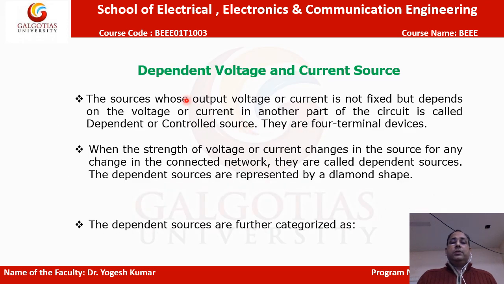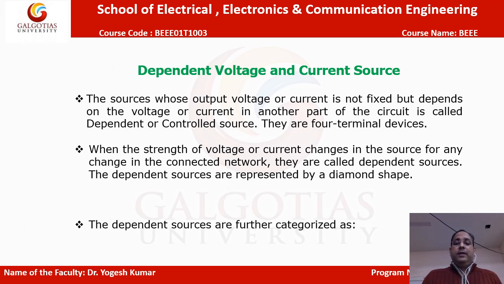And dependent is the opposite of the independent. They change, they are not fixed, they depend upon the voltage and current values flowing in the entire network. When the strength of voltage or current changes in the source for any change in the connected network, they are called dependent sources. This is opposite to the independent. Generally they are shown in diamond shape.